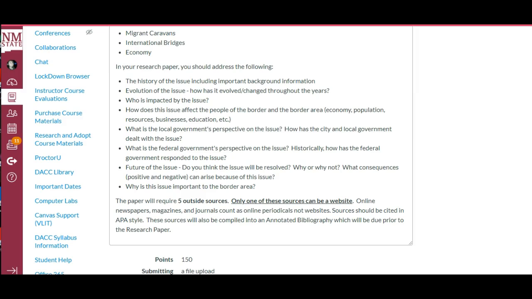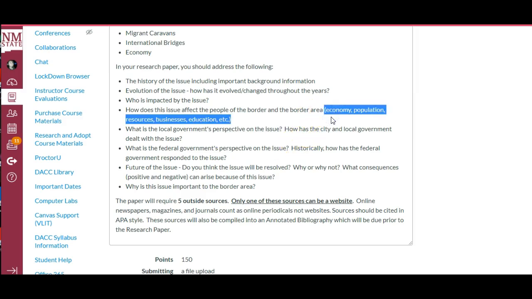They do affect education because a lot of people cross over to go to school. They also affect the economy. I don't know if they really affect the population. They might because some people might just move over here instead of having to cross the bridges all the time. In terms of resources, they definitely affect our resources. So a topic like international bridges would pretty much affect all of these that I've outlined.